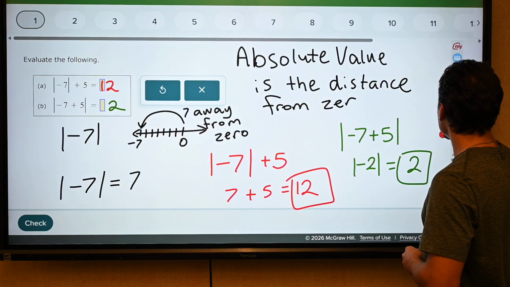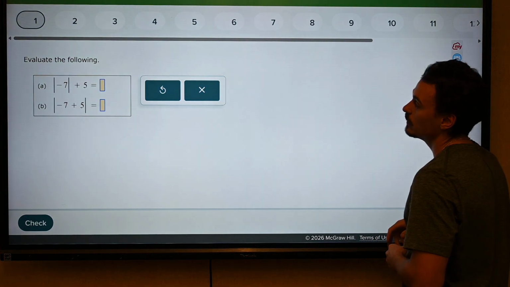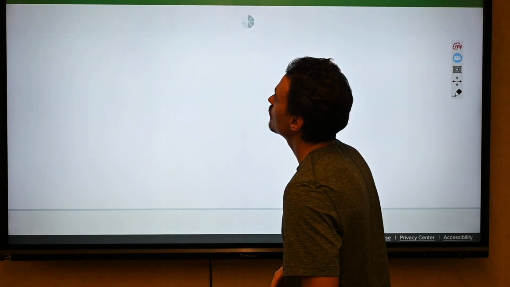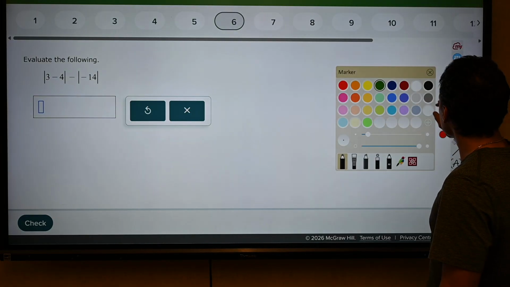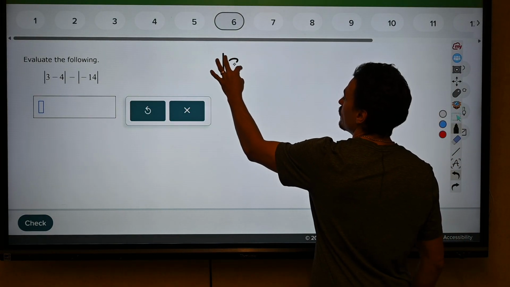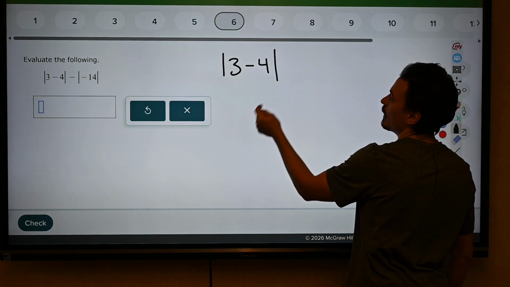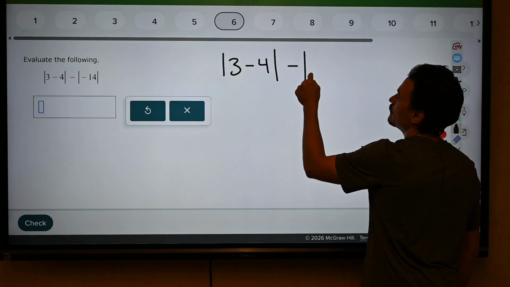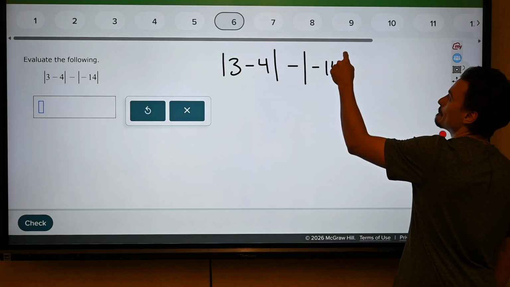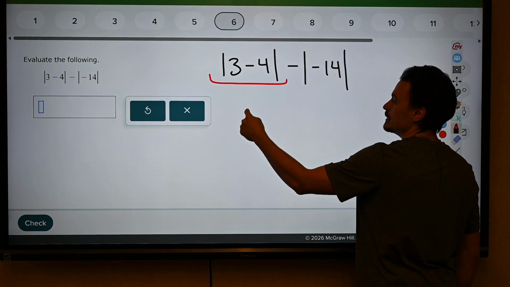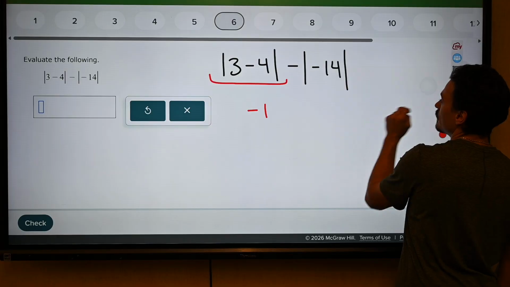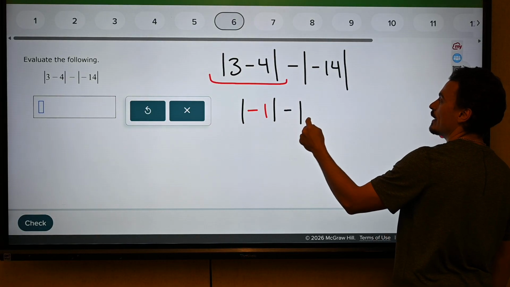Let's talk about these harder questions right here where you have multiple absolute values. You have the absolute value of 3 minus 4, and then a minus symbol, and the absolute value of -14. So we'll start with 3 minus 4, which is -1, and then we're going to rewrite everything.